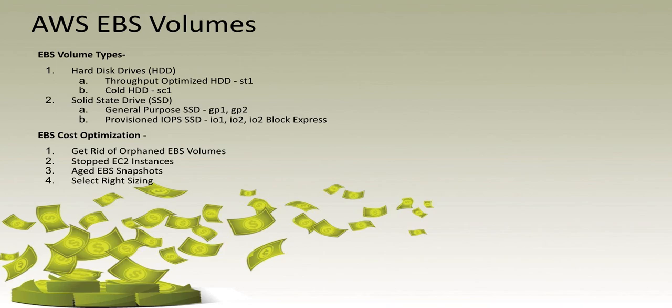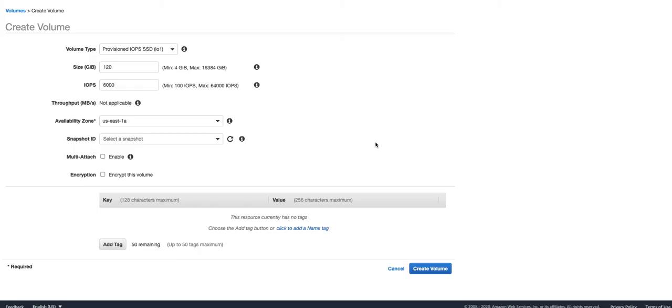With an IO2 type volume, for the same 1 GB volume, you can get 500 IOPS. I'll give you a demo on this to show you how it works and how you can save some money. So let's go to our console and look at how we can save money by switching from IO1 to IO2.